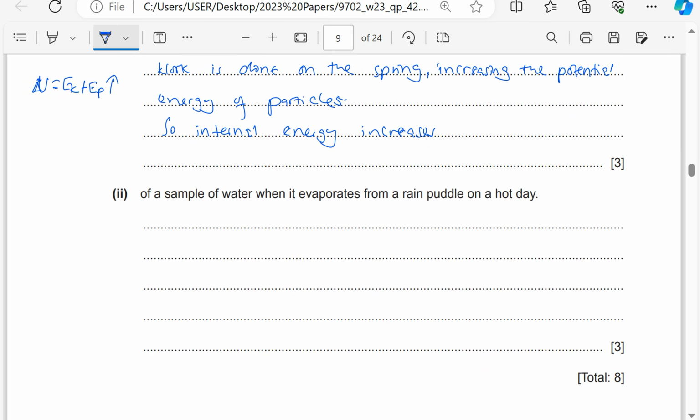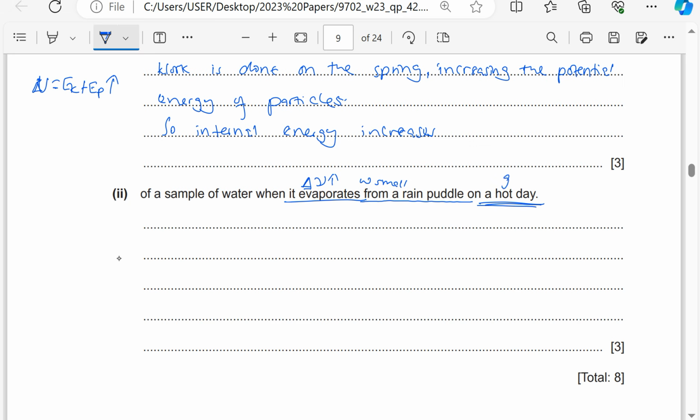Then of a sample of water, it evaporates, so that means V increases, from a rain puddle on a hot day. Of course, the change in volume here is going to be very small. That means the work done is going to be very small on a hot day.